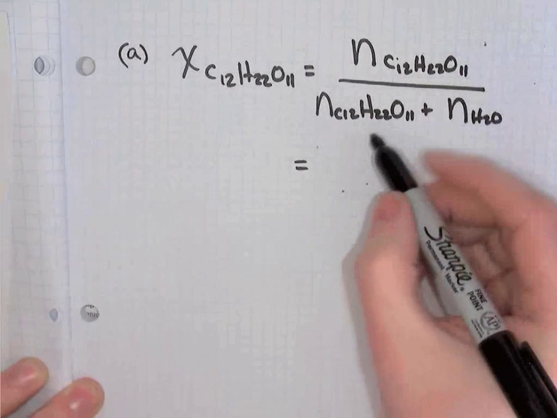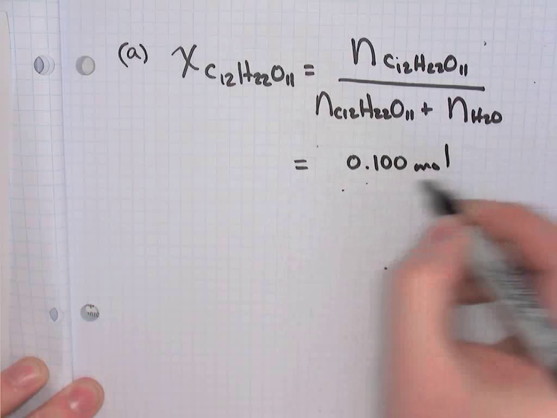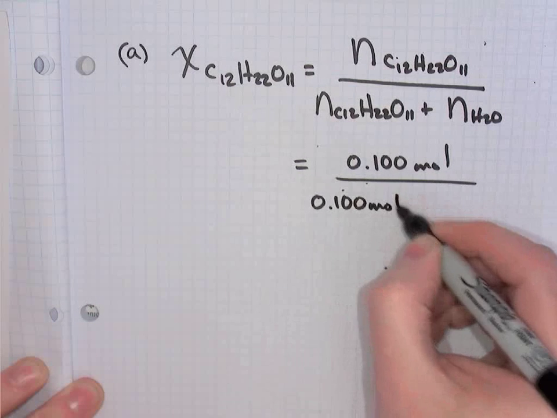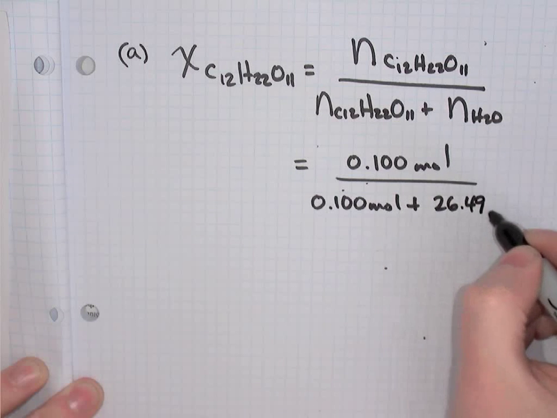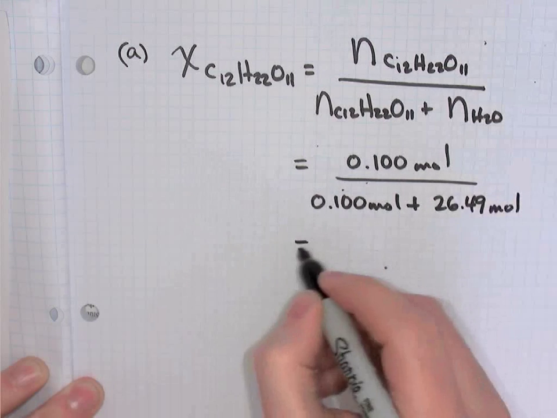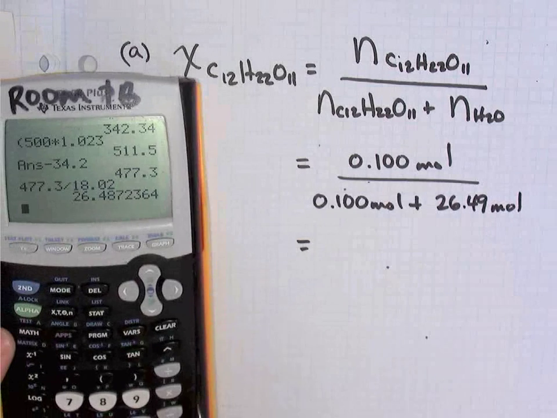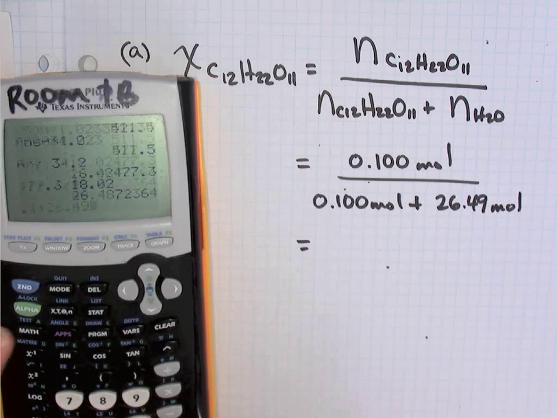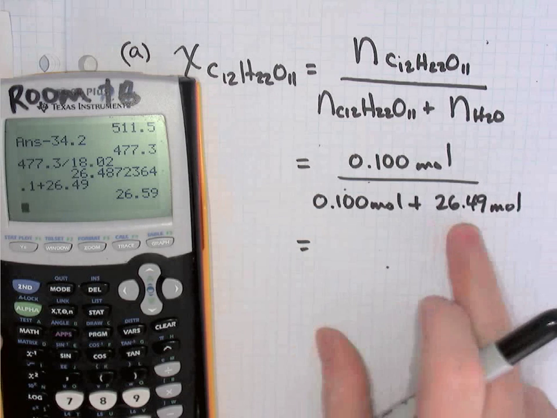So that's going to be 0.100 moles divided by 0.100 moles plus 26.49 moles. When we add up those 2 numbers on the bottom, we'll keep 2 decimal places. So 0.1 plus 26.49, so 26.59 will be the answer on the bottom.